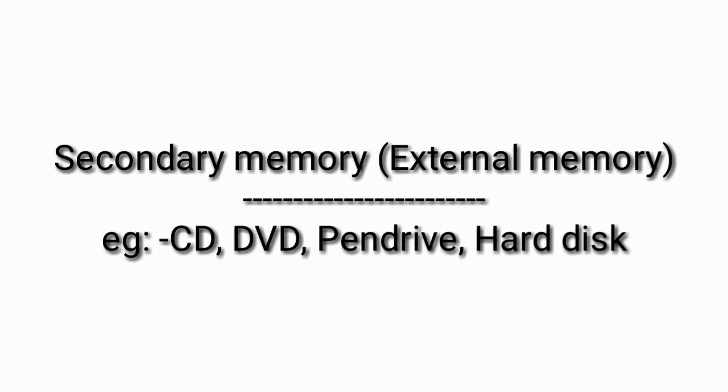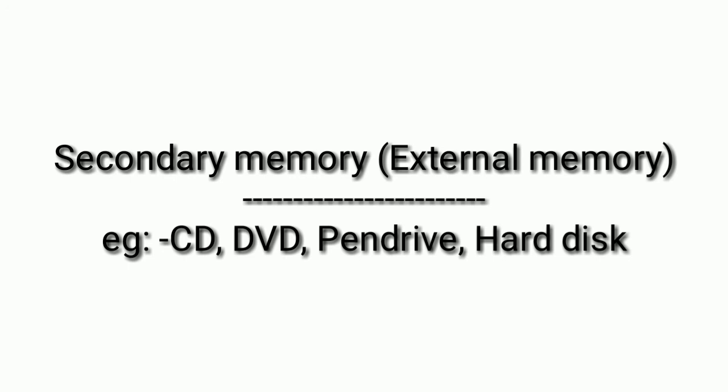Today's last topic is secondary memory or external memory. We already discussed that it is memory which we can attach externally, like pen drives, CDs, DVDs, etc. Pen drive ports and CD drives are located outside the CPU box.